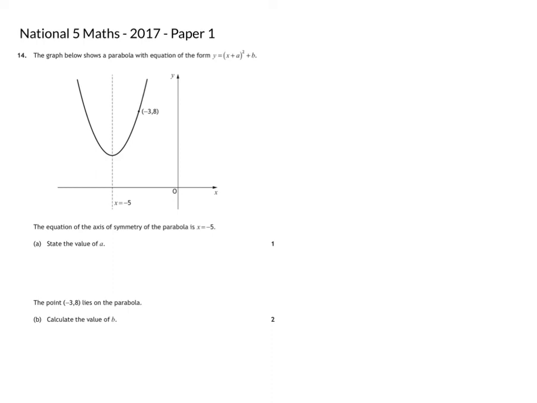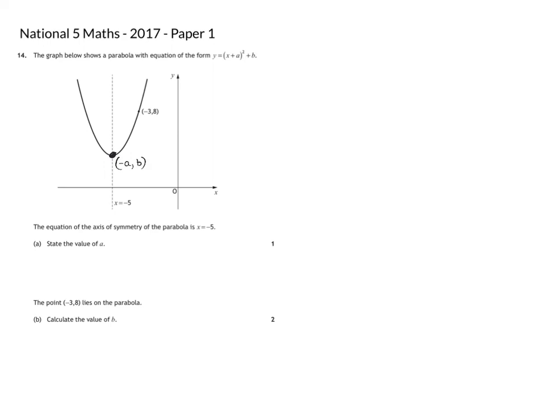When we are looking at our parabolas in this form with completing the square, this point here has our coordinate, which is negative a, b.